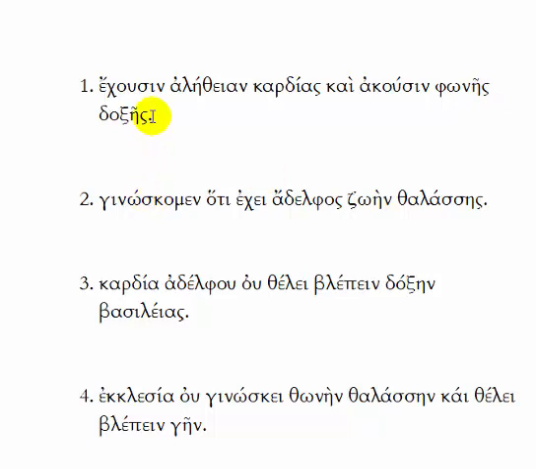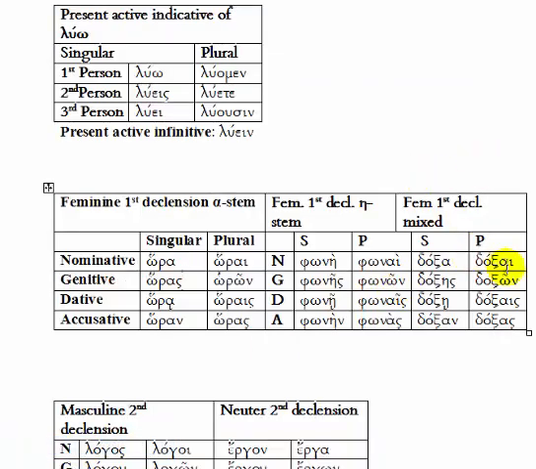Doxes. Doxes again is the mixed eta stem. What was that? That is simply what? Doxes, right here. You see here that doxes is going to be genitive singular.